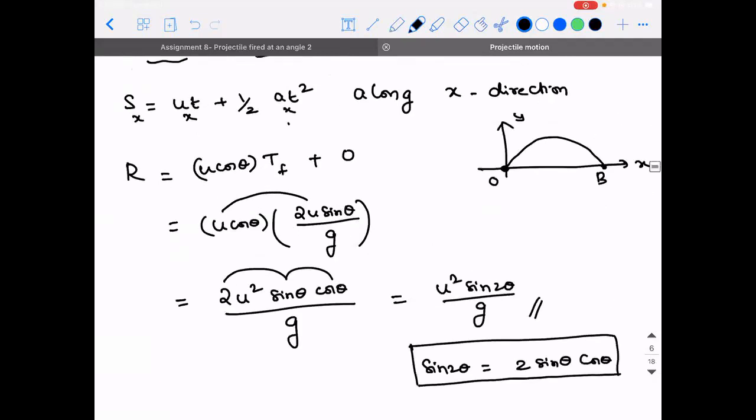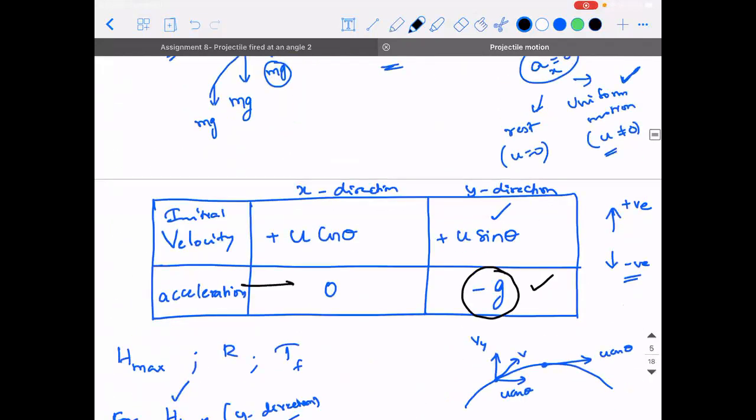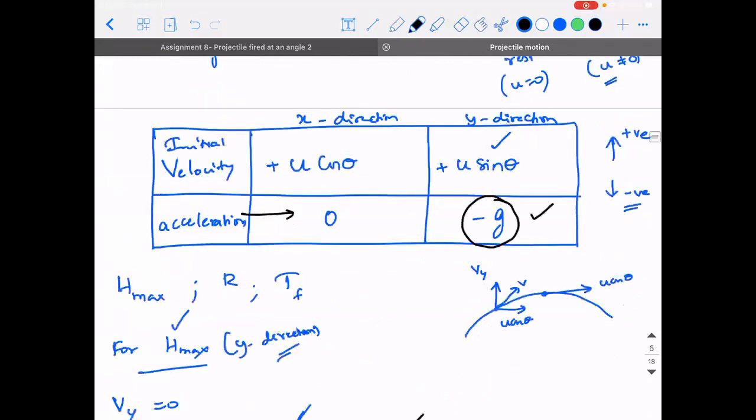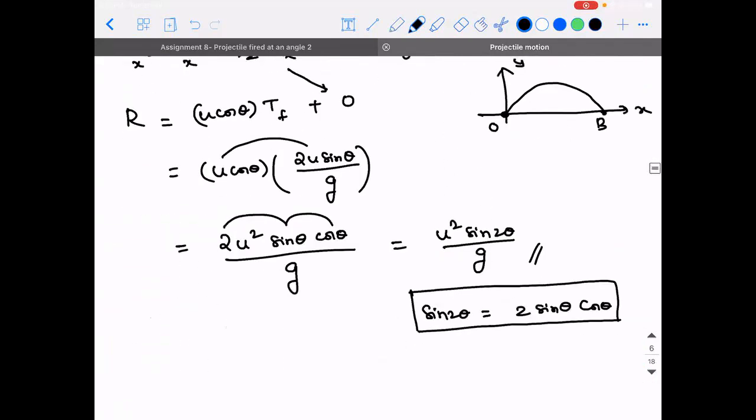Because acceleration along x direction is 0. This table says that. Yesterday we prepared it, no? Now is it clear? So this is the formula for horizontal range.